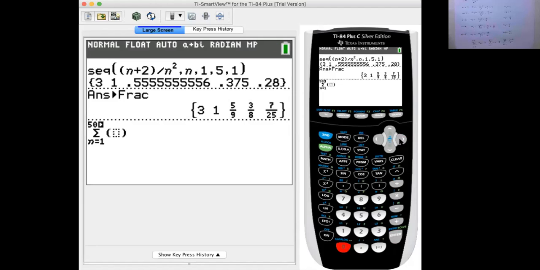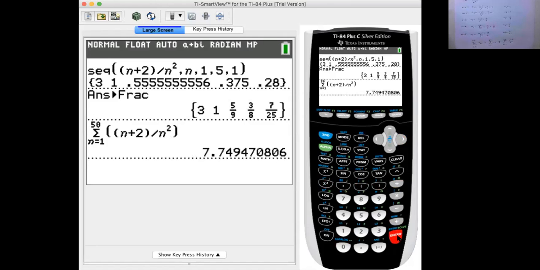And then what do I need? Then I need n plus 2 over n squared, so parentheses n plus 2, parentheses divided by n squared. And we'll see what the calculator gives us. 7.749.